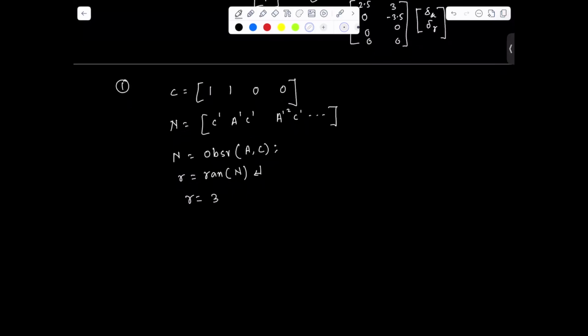So one state we can't measure from the observer, and that's why we can say the system is not observable for the condition given in question 1.